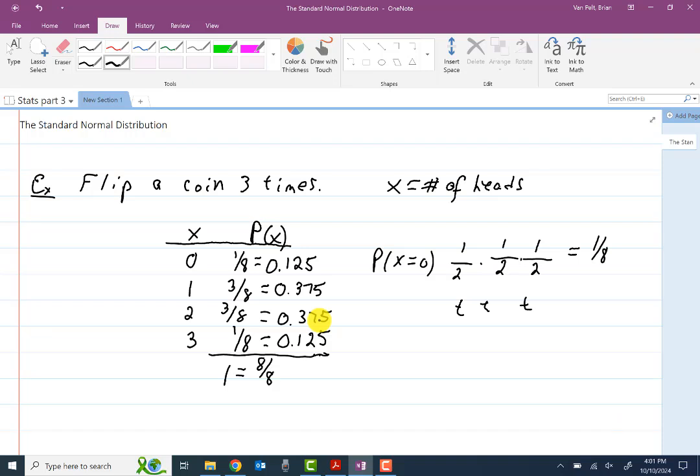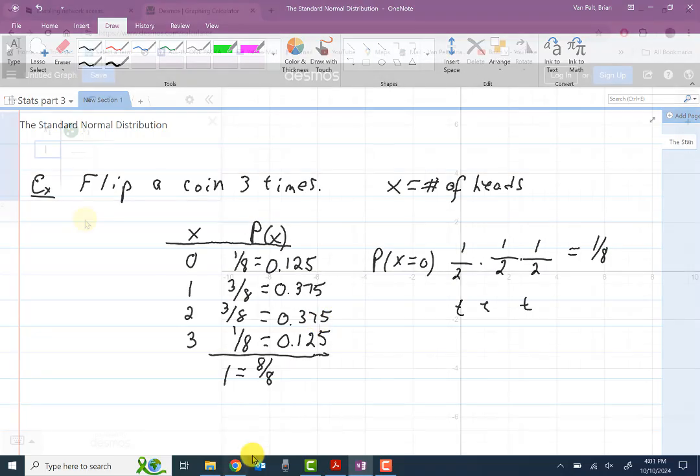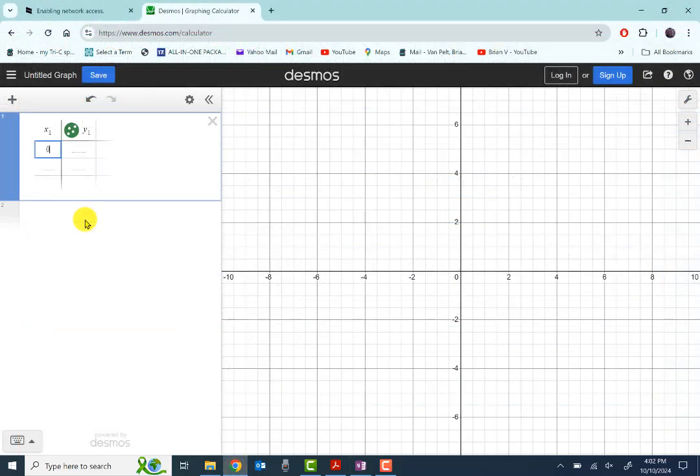Now I'm going to go into Desmos and do a little graphing. I want you to see what happens when we flip more and more times. So let me put in here my table. I'll do the decimals.